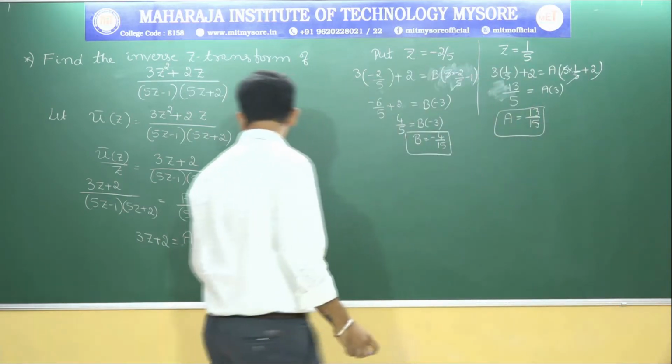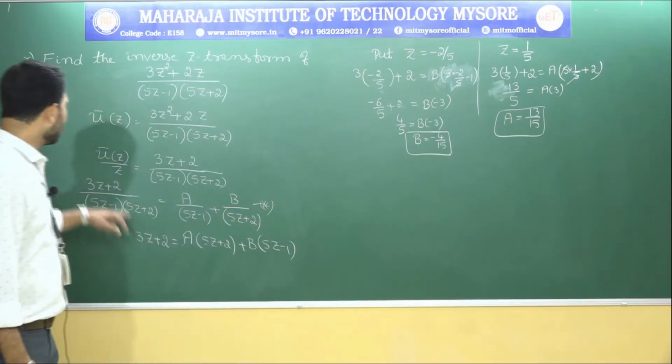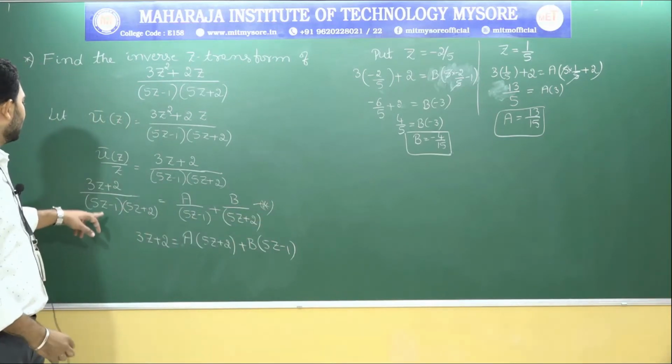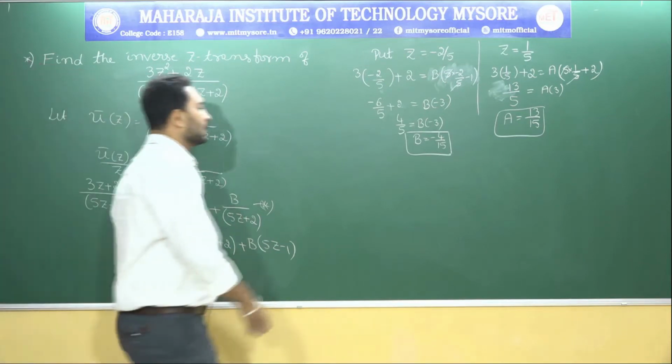Apply this a and b value to here. So I can write this 3z plus 2 over 5z minus 1 and 5z plus 2 as u bar z.